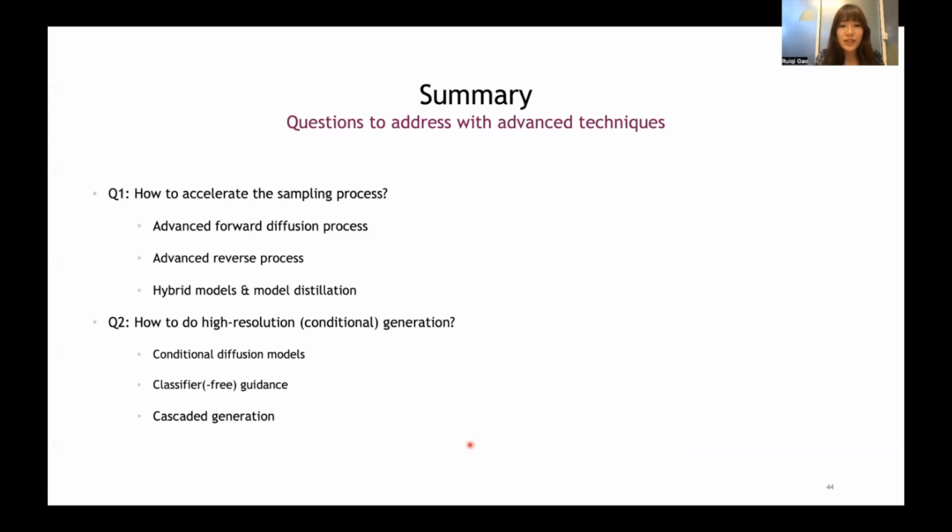And the second question is how we can do high resolution conditional generation using diffusion models. We discussed the general framework of conditional diffusion models, classifier and classifier-free guidance, as well as cascaded generation pipeline. So in the application section, we will see how all those techniques benefit various tasks.